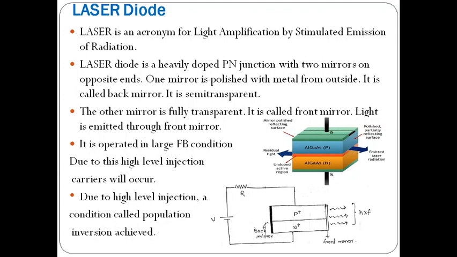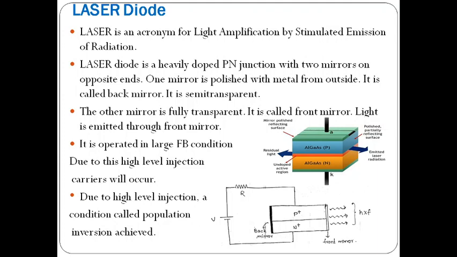When electrons move from the conduction band to the valence band of the p region, they recombine with the holes and release energy in the form of photon energy. That energy is equal to hf.